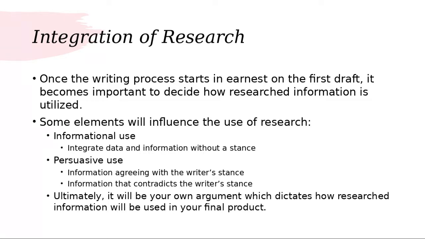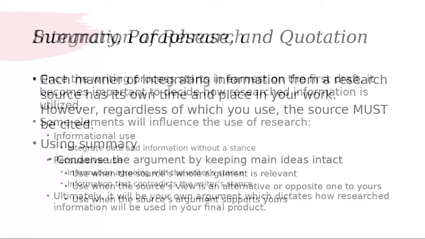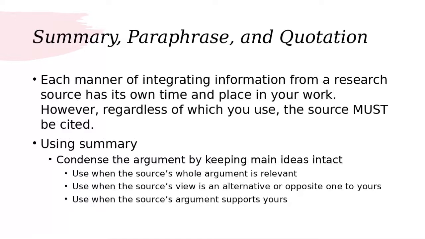Each manner of integrating information from a research source has its own time and place in your work. However, regardless of which you use, the source must be cited. We're talking primarily here about summary, paraphrase, and quotation. When you're using summary, you're condensing the argument by keeping the main ideas intact.